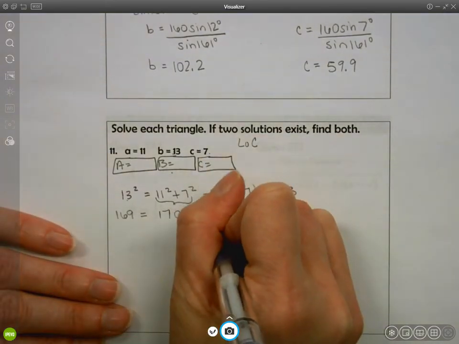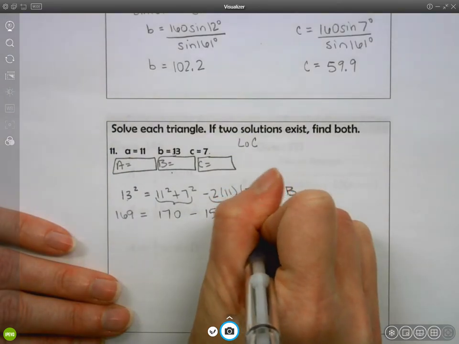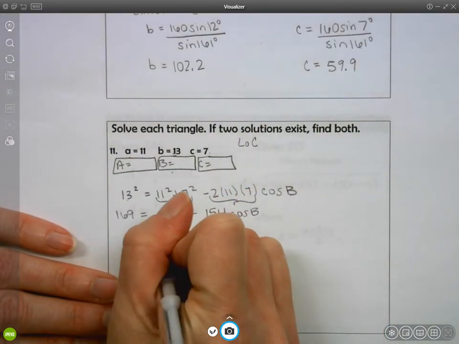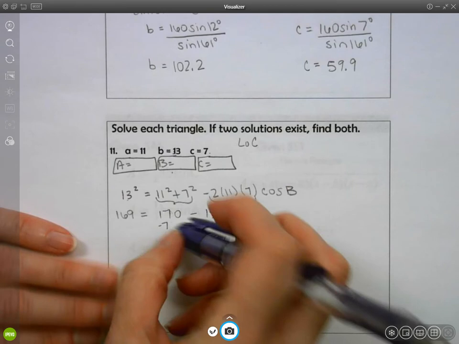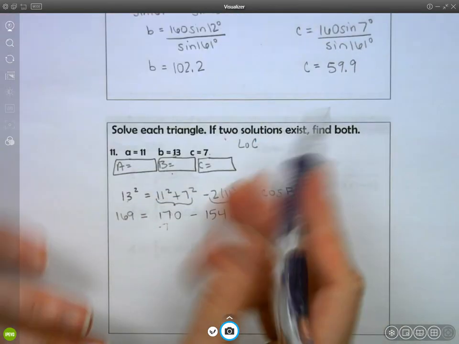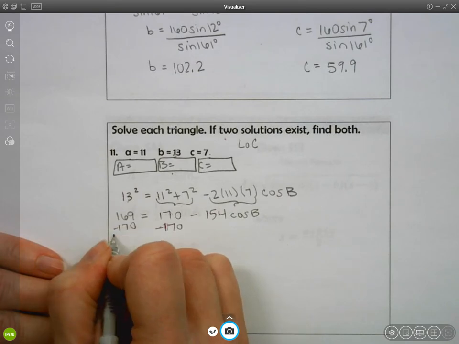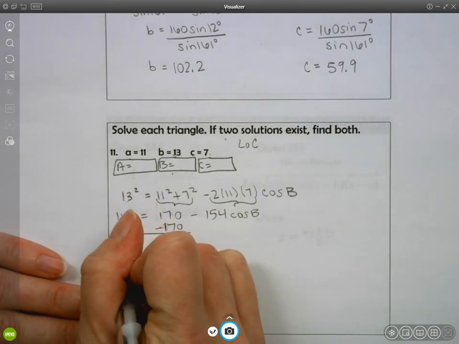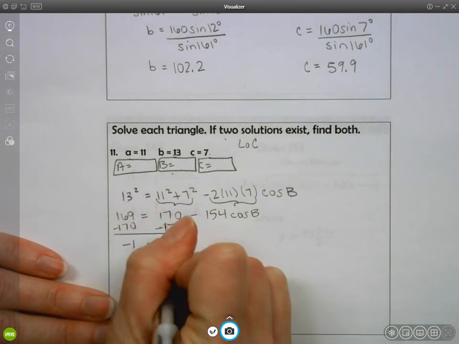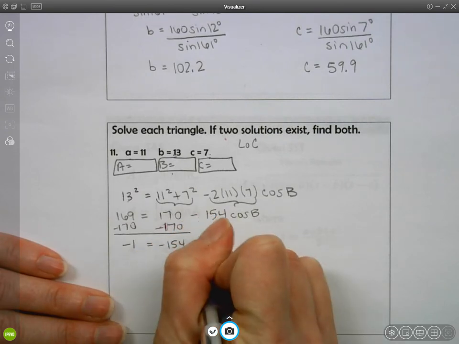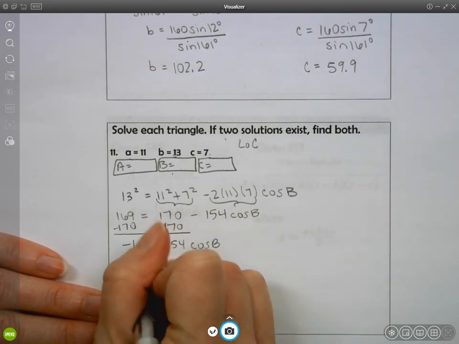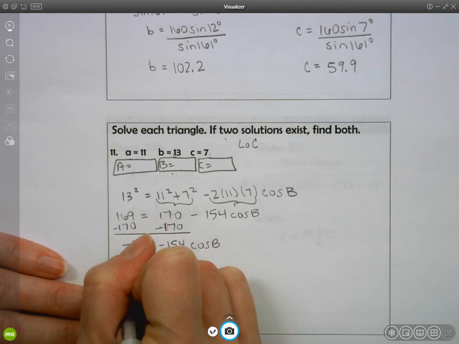All right, so then we're going to subtract 170, and what is that, negative 1? Divide by negative 154.